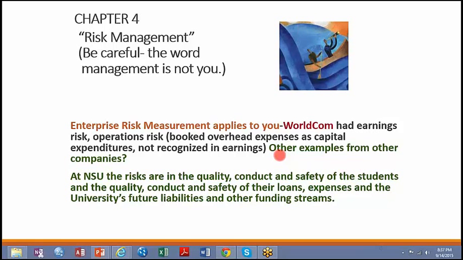The conduct and safety related to loans, so we have student loans, expenses, university expenses, future liabilities, other funding streams. So there may in fact be risks that are coming up.